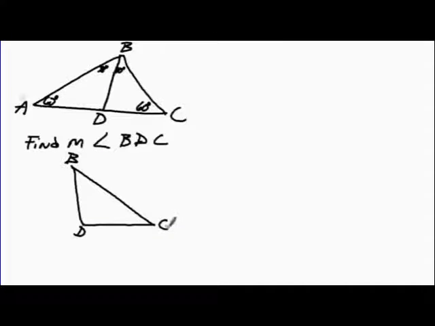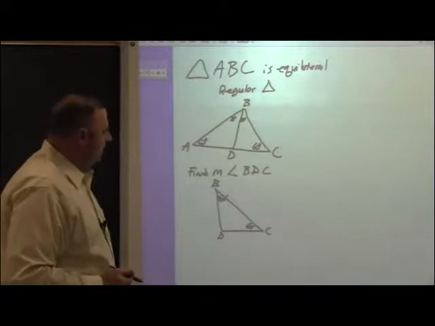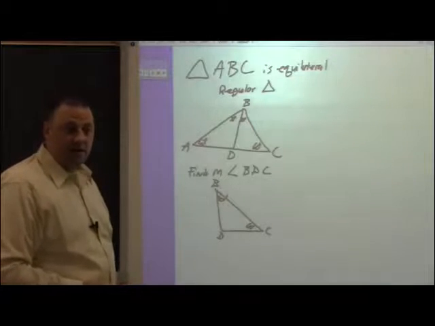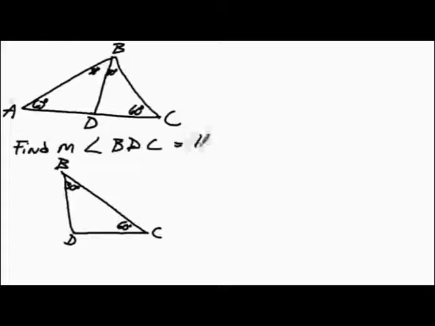We know that this angle C is 60. We figured out that this angle right here on top is 30. Geez, I wonder how we're going to figure out what angle D is. Well, we know the interior angle sum has got to be 180 degrees. So we're going to take 180 degrees and subtract the sum of the other two, which is 30 and 60.